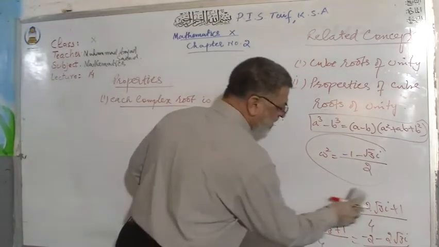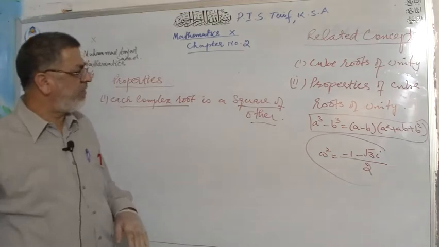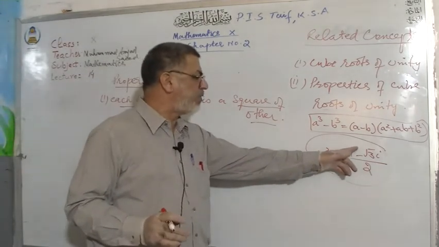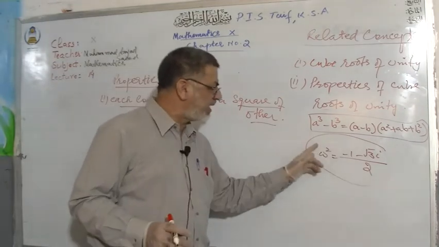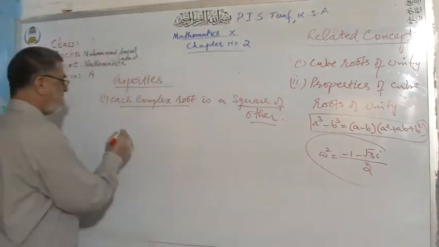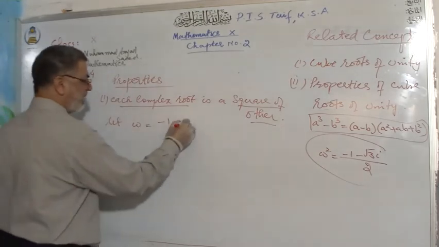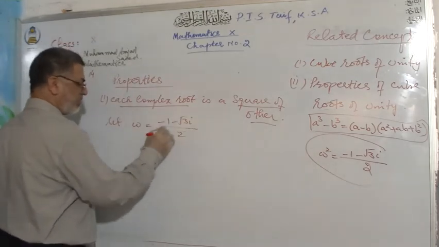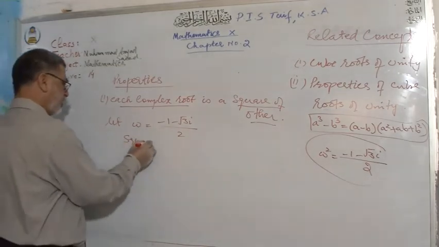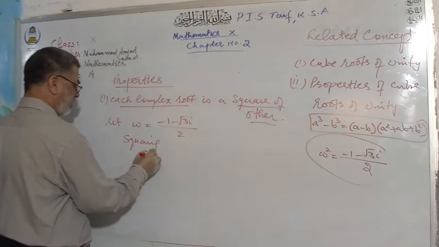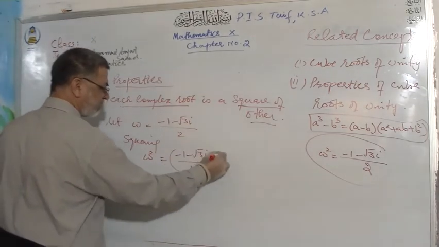Alternately, if I am taking omega as (-1 minus 3 under root iota) over 2, squaring, omega square is equal to ((-1 minus 3 under root iota) over 2) whole square.